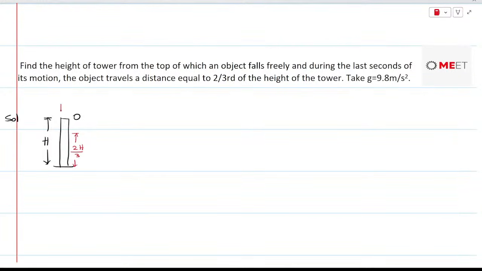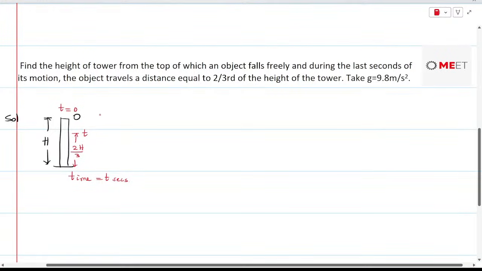Okay, so this indicates the initial position of the ball, that is t equal to 0. This is the final position when time is equal to t seconds, and this is the position of the body at time equal to t minus 1 seconds.